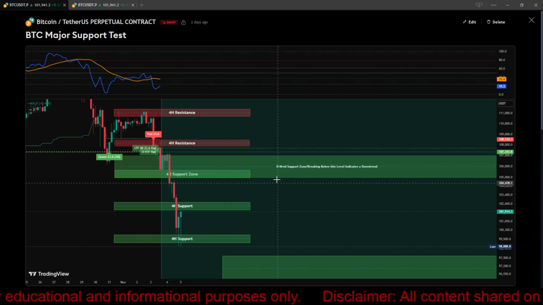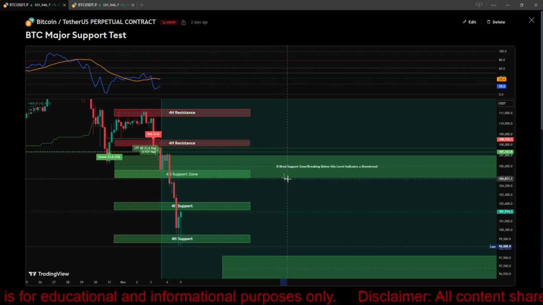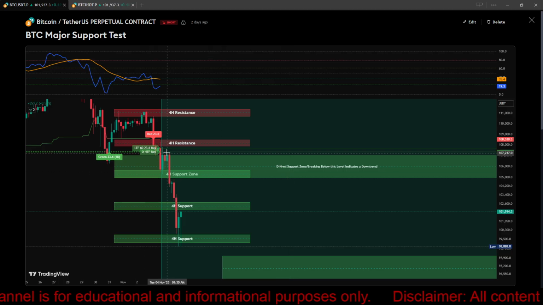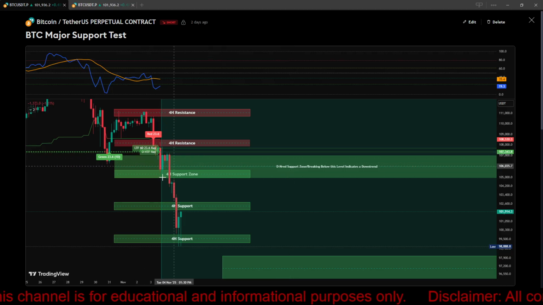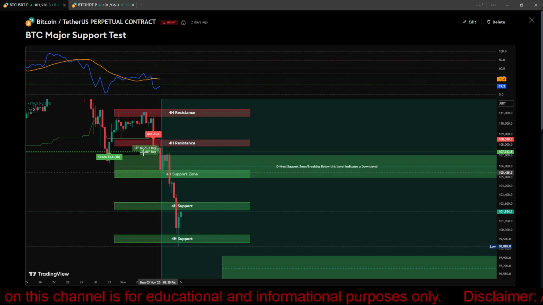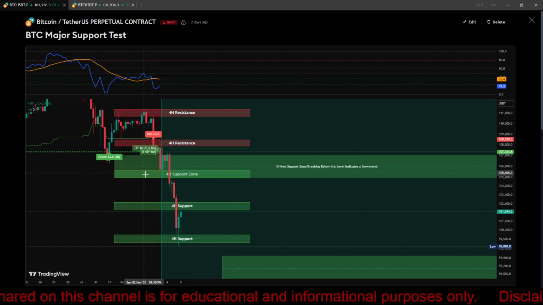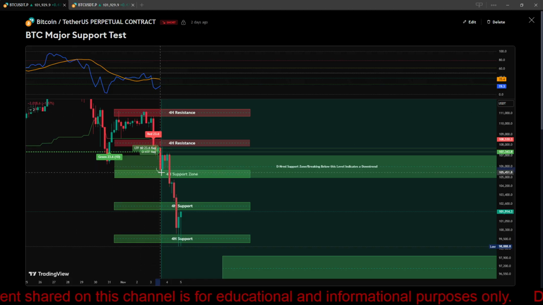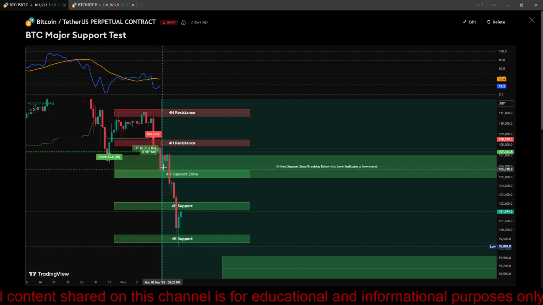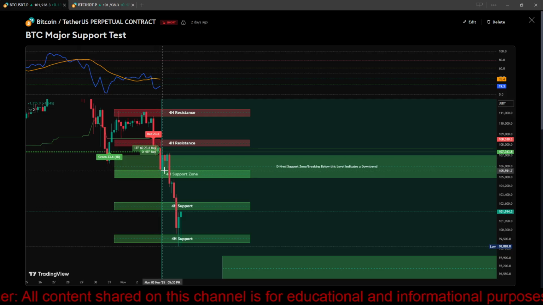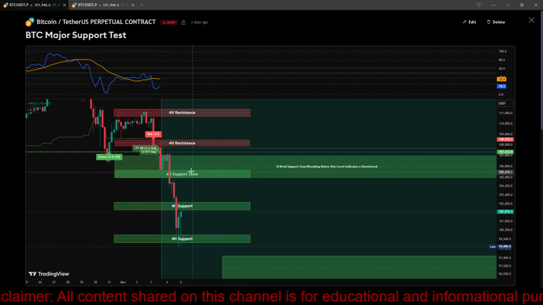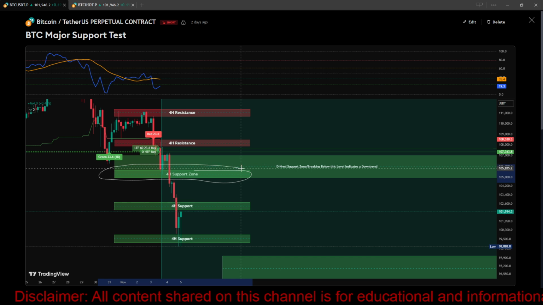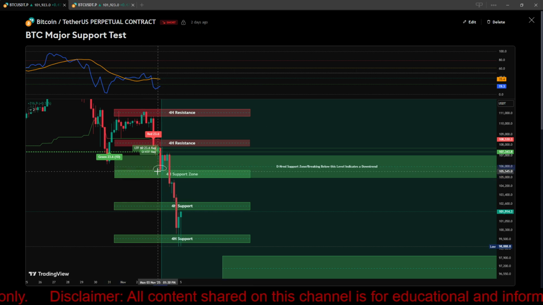The confirmation is when price breaks through this lower level also. So here in this case, when I made this analysis, and I also shared in that video, prices were trading here, I think, at that time. So prices were trying to take support at this 4-hour support zone in the beginning.